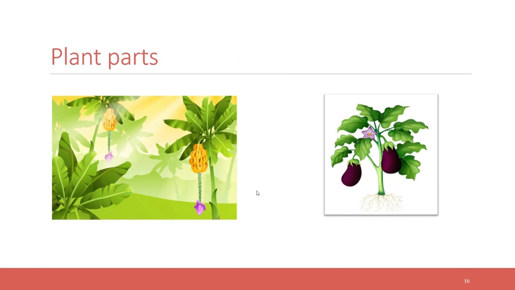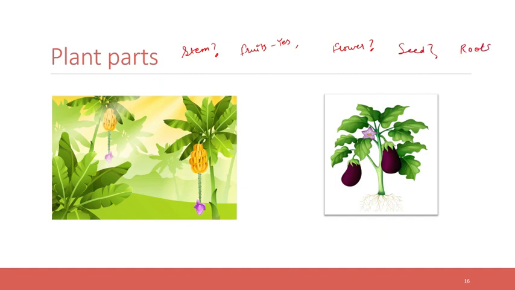Okay. Now we will talk about plant parts. Ready? Let me know which part of a plant you eat. Tell me, do we eat the stem, or do we eat fruits, or flower, or seed, or roots?